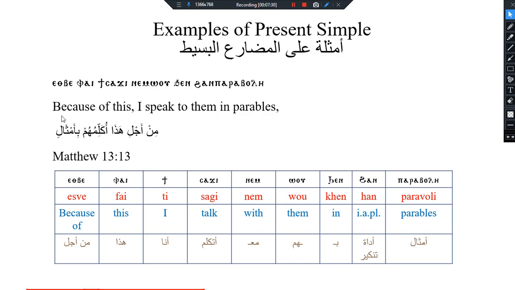It says in English, because of this I speak to them in parables. Ebdje, it means because of. Fai, this. Ti, I. Sadji, talk. Nem, with. Mo-ou, it means them. Chen, in. Han, indication of indefinite article, and it indicates also the plural. Parabole, it means parables.